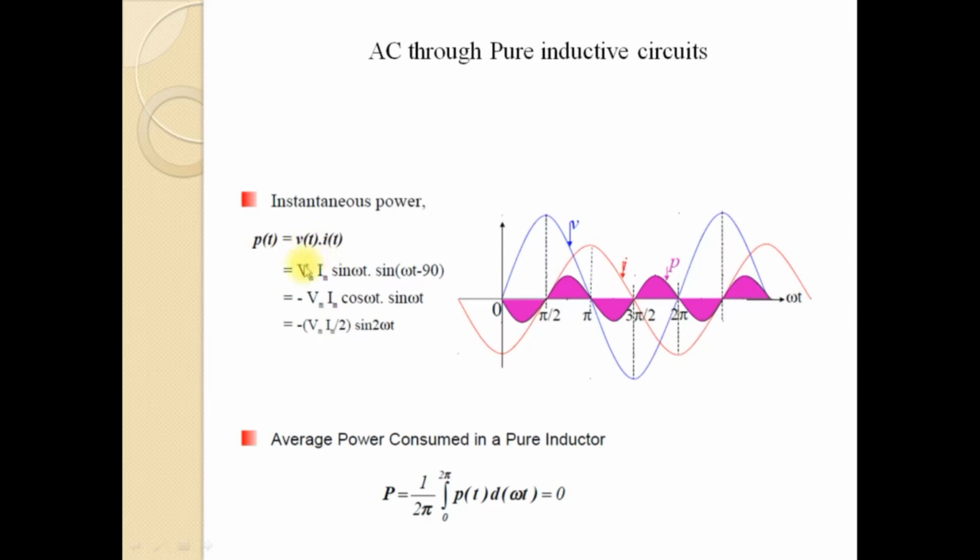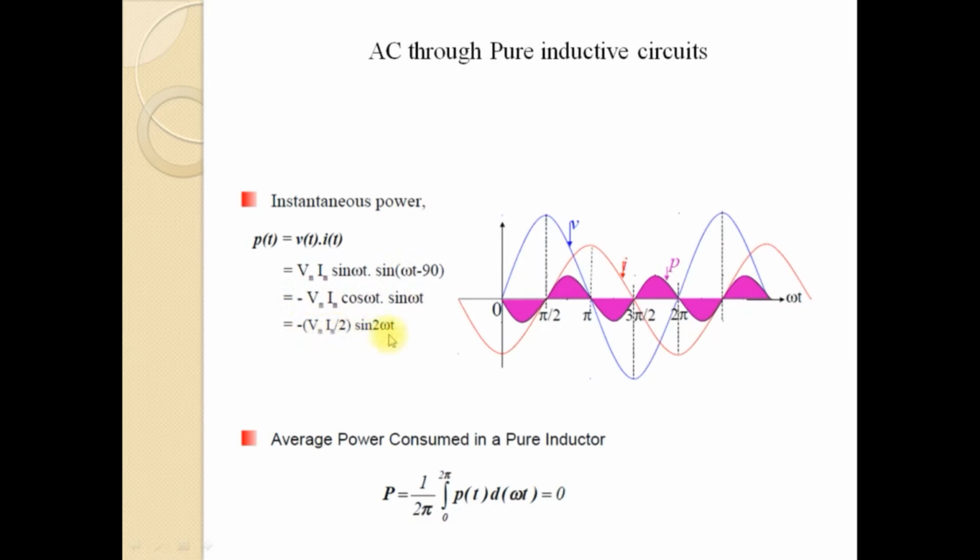So v(t) is represented as Vm sin omega t, and i(t) is given by Im sin(omega t minus 90 degrees). From here you get Vm Im sin omega t sin(omega t minus 90 degrees). Sin(omega t minus 90 degrees) is changed to minus cos omega t. From here you get minus Vm Im by 2 sin 2 omega t.